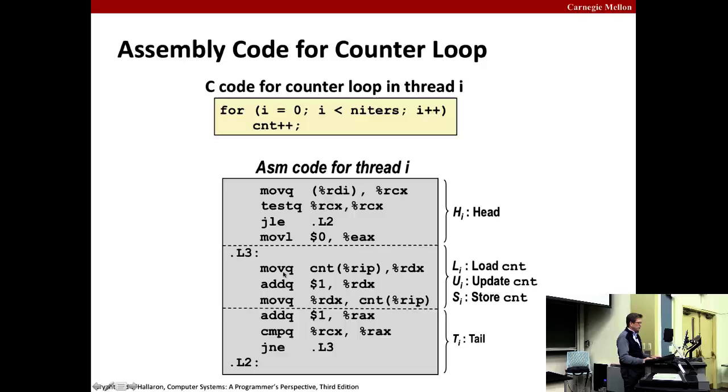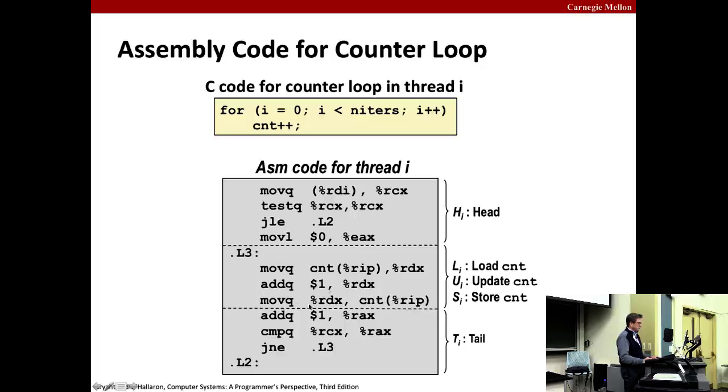Okay, so you see the first instruction loads the value in global variable count into register RDX. So we'll denote that as L_i. Next, it increments RDX. We'll denote that U_i for update. So it updates RDX.